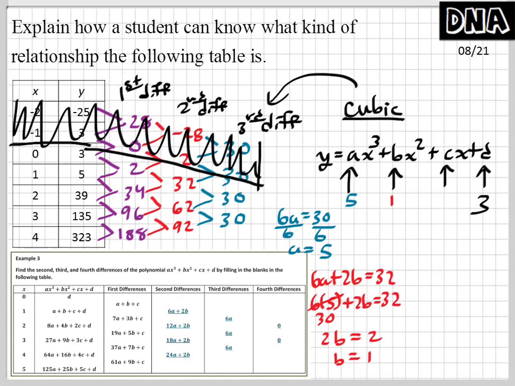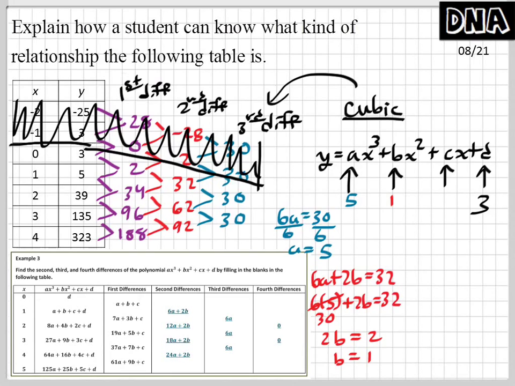To find c, we're going to go to our first difference, because in our first difference we have expressions right here with a's, b's, and c's. And we know what a and b are, so it doesn't matter which one we pick right here. I'm going to pick this one up here because that one has the smaller numbers to work with. And that is going to equal 2.